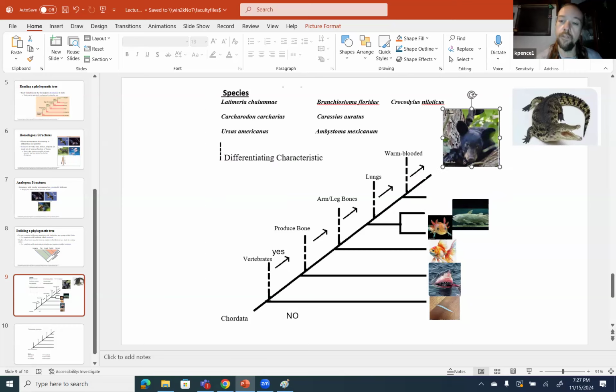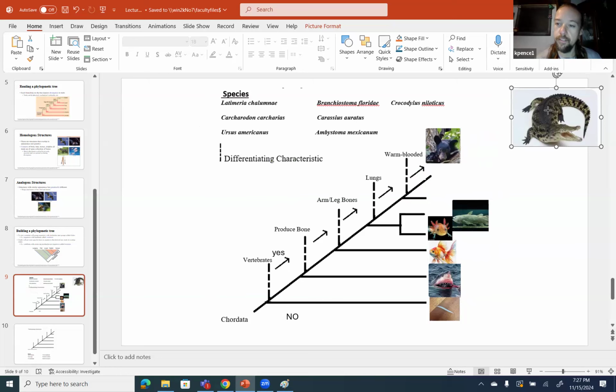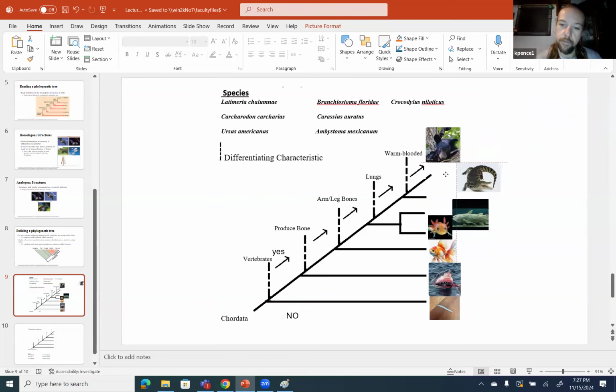We have warm-blooded. So warm-blooded goes at the top, and that's my bear. And then we have the crocodile. He goes down here because he is not warm-blooded. So this is how a tree would work. If I start at the bottom, everything on this branch, which is everything, has a spinal cord.